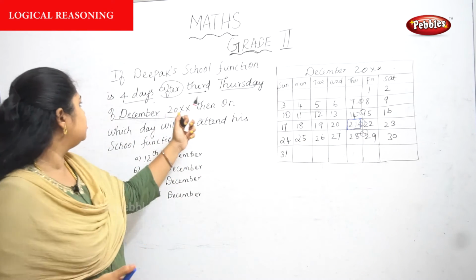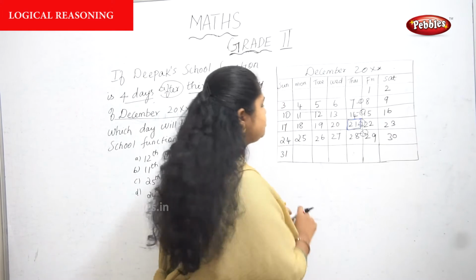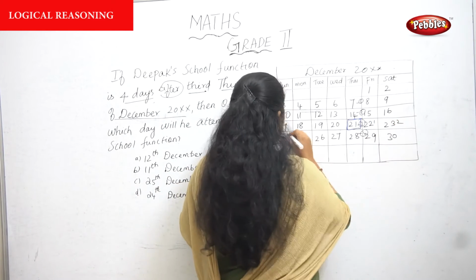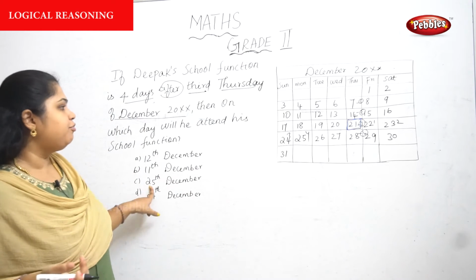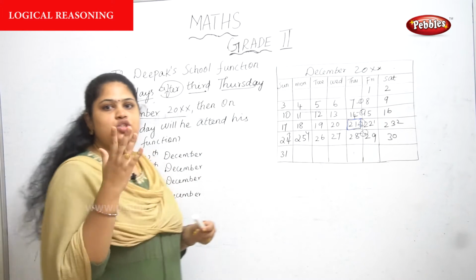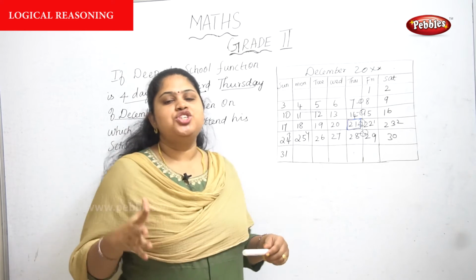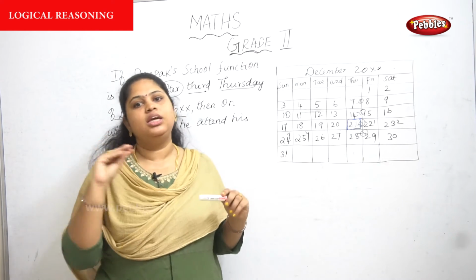Just find out the 3rd Thursday. 4 days after Thursday, so we calculate 1, 2, 3 and 4. So when is the school function? 25th December. In logical reasoning, the answer will always be within the question.